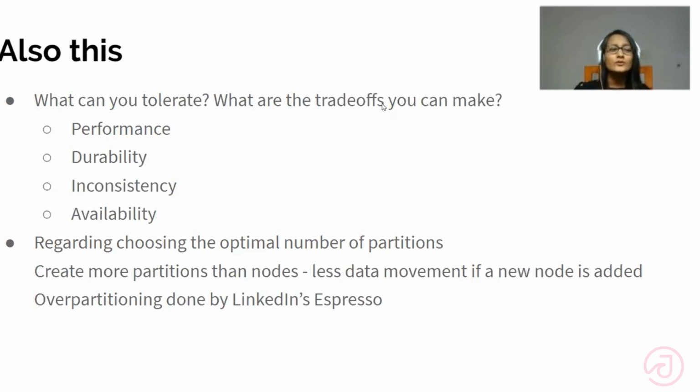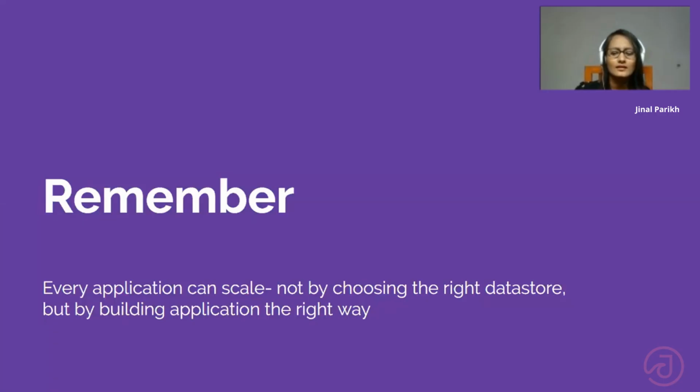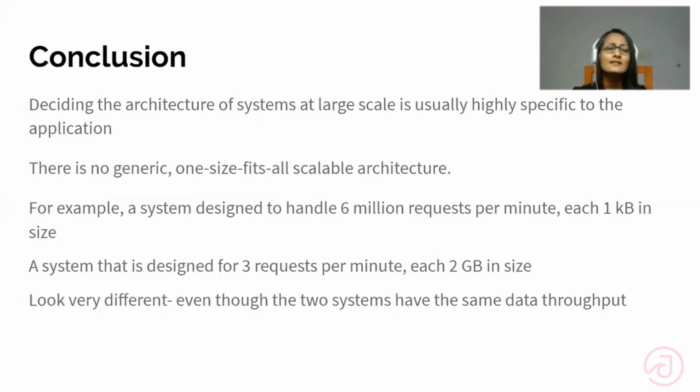So to conclude, deciding the architecture of systems at large scale is usually highly specific to the application. There is no such thing as a generic one-size-fits-all scalable architecture, and you have to determine what is best depending on your application and your requirements.